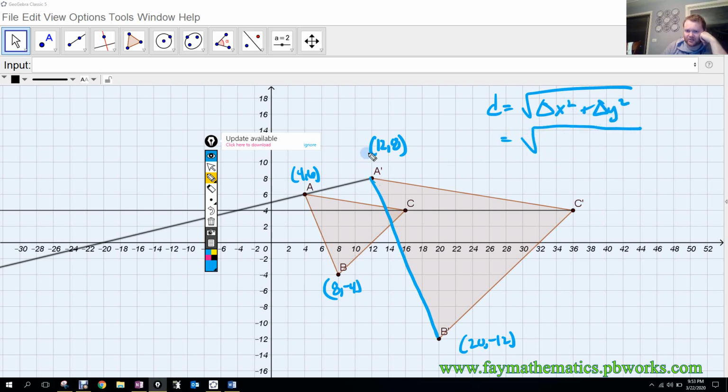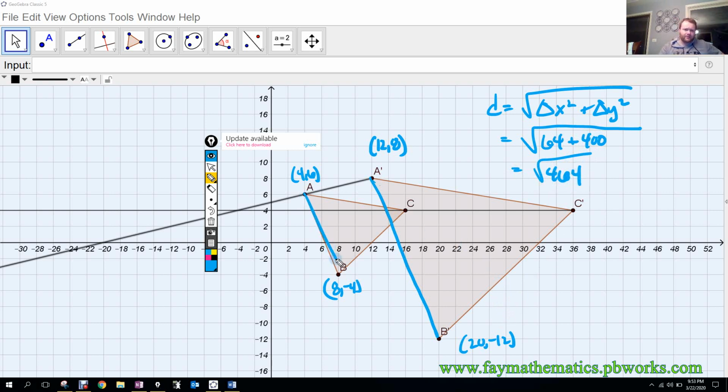If I go 20 minus 12, that'd be 8. 8 squared is 64. Plus then, if I go 8 minus -12, that would be 20. Square that, I get 400. So you get square root of 464. Okay.